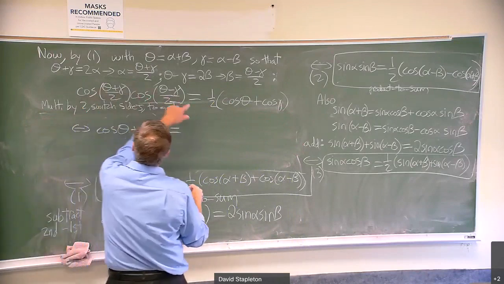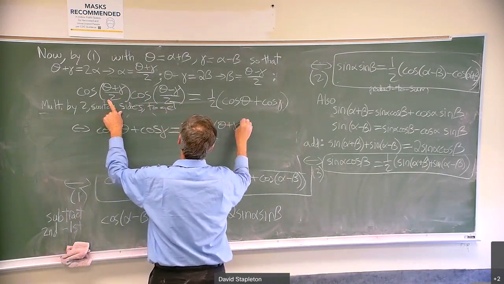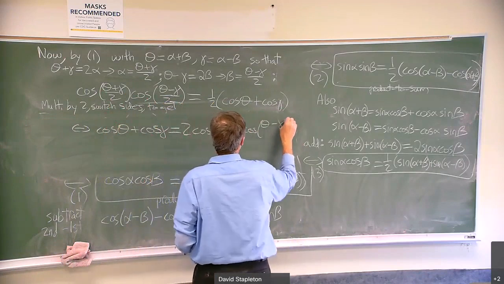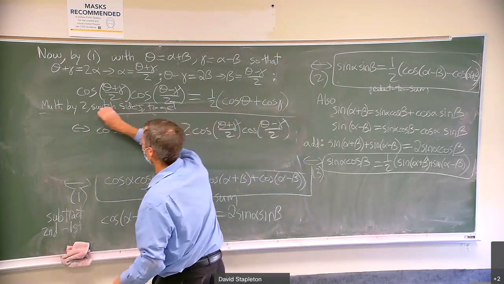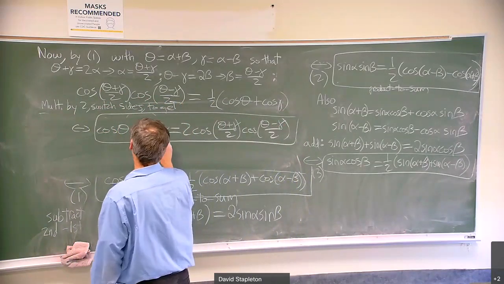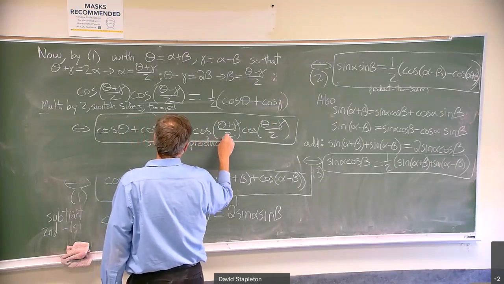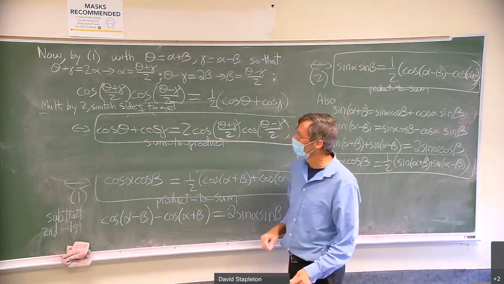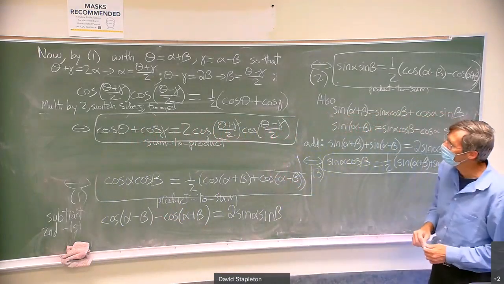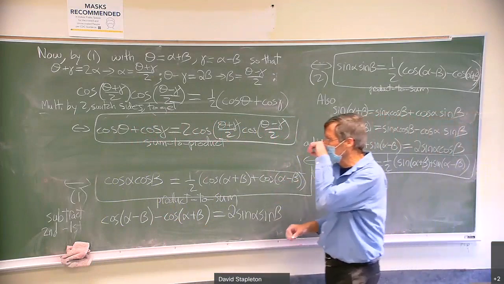And then this 1 times 2 on the other side gives twice cosine theta plus gamma over 2 times cosine theta minus gamma over 2. There it is, our first sum to product identity. Any sum of cosines is equal to twice a product of cosines. How about that? So let's call that equation 4.